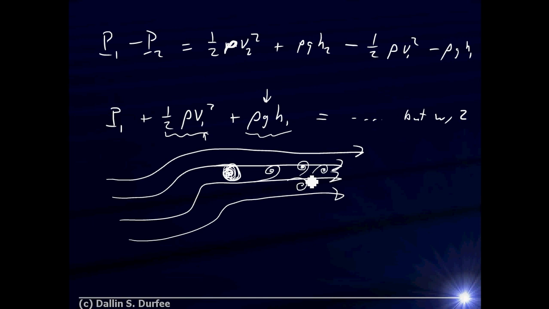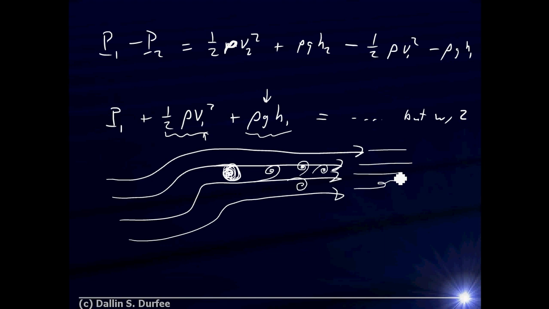So we intrinsically assumed that the fluid was irrotational, what we call a laminar flow, where the flow lines don't cross and they don't spin and do weird turbulent things, all right? So a non-turbulent flow, a laminar flow, is one of the assumptions of Bernoulli's equation.